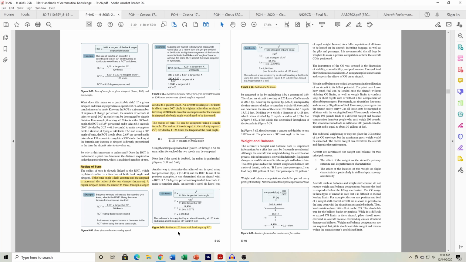If you double the speed, you're going to get 4 times the turn radius at the same 30-degree bank angle, and so it goes from 2,215 up to 8,861, which is 4 times 2,215, unless you have to be precise, because they must have left off a couple inches of the turn at 120 knots. All right, we'll forgive the FAA for that one. You get the idea. So the bottom line is, the slower you go, the tighter you turn at any given bank angle.